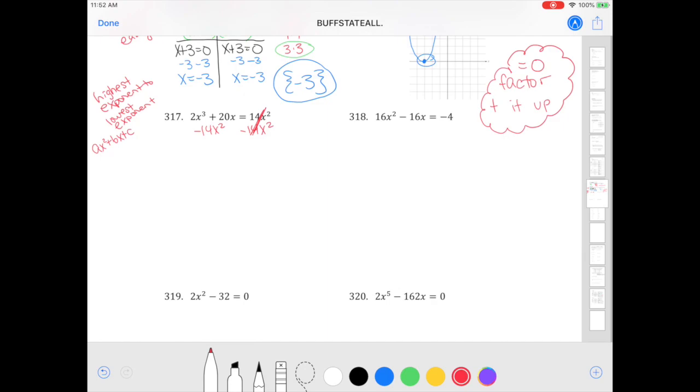You'll see it come out a little bit later. So highest exponent is 2x cubed, my next highest exponent is going to be that -14x squared, and then the plus 20x comes down, and then my equals 0.